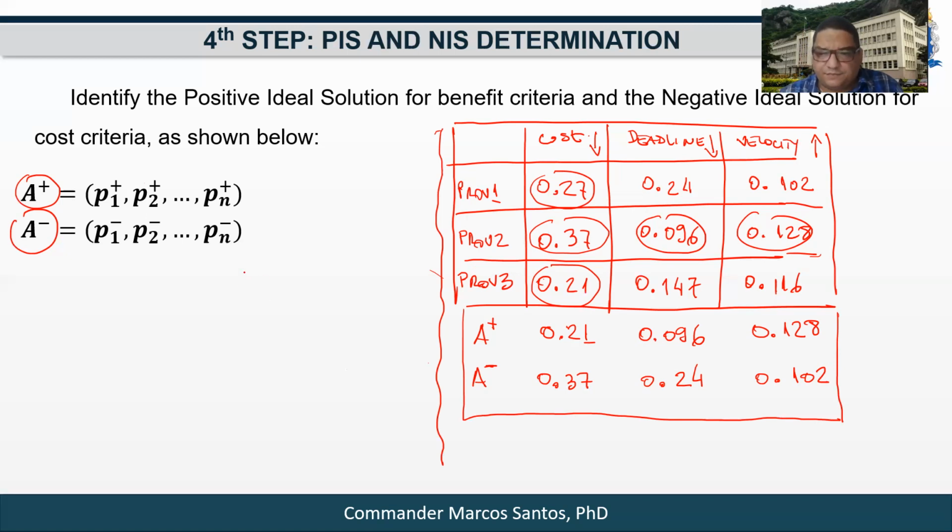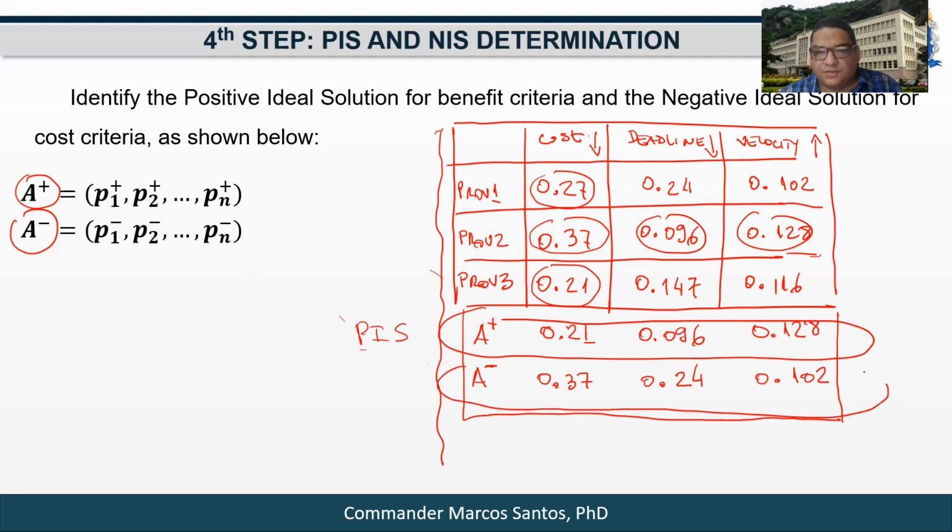Here we have the positive ideal solution, and here we have the negative ideal solution. Okay, now we can continue.